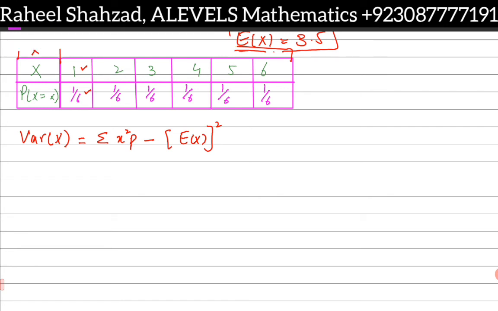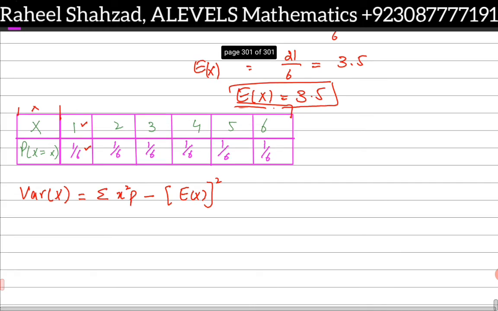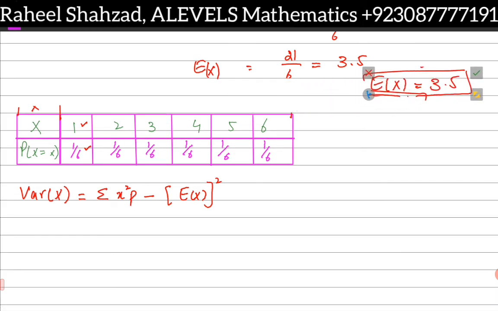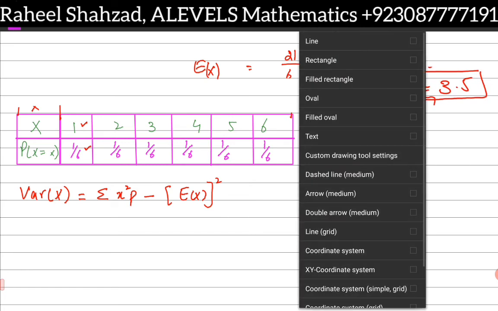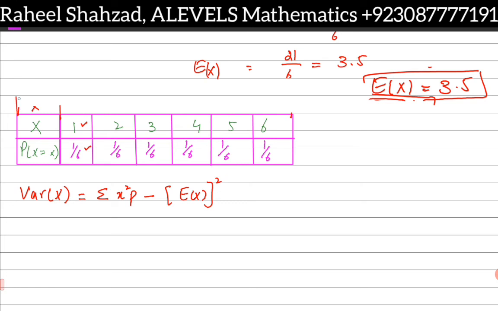For example, we draw x square on the same table, and that is going to be 1, 4, 9, 16, 25 and 36.